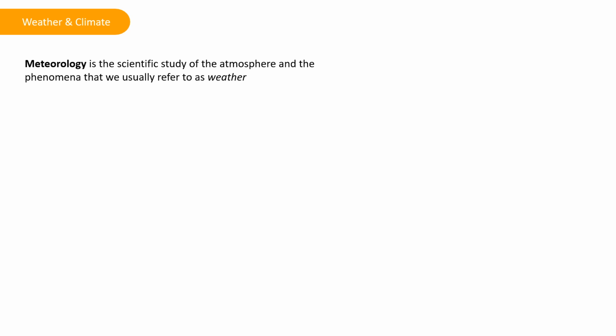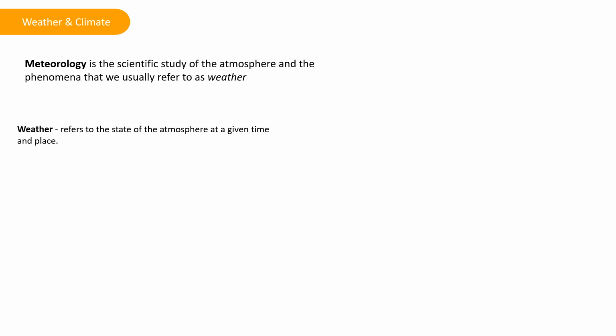That's why in the previous slides we were talking about the atmosphere and where the weather mostly occurs. When you say weather, it actually refers to the state of the atmosphere at a given time and place. So now, what is the difference between weather and climate?